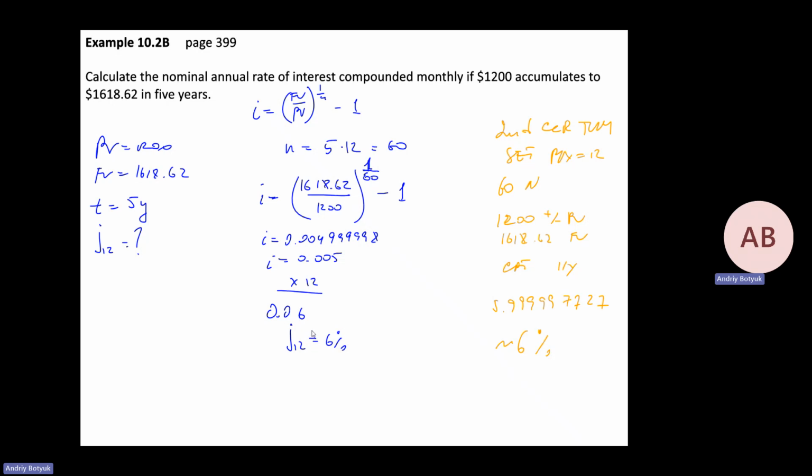Yeah, but you use N, not T. The formula says 1 over N, not 1 over T. And N is 5 years times the number of compounding periods, which is 12, and the result is 60. If you do 1 over 5, you will find some 5 compounding periods. I don't know what that is. Okay.